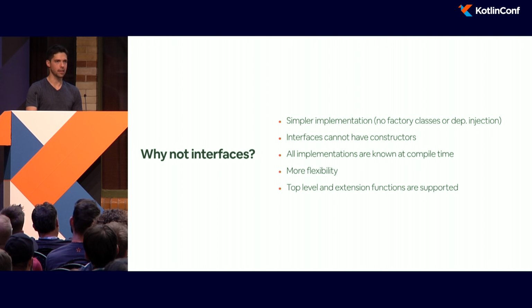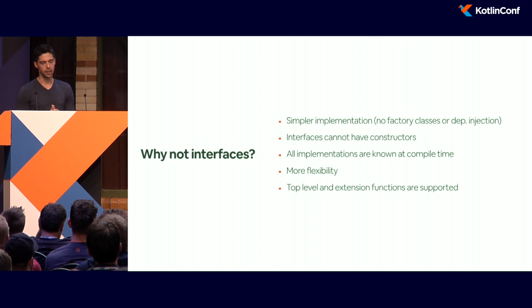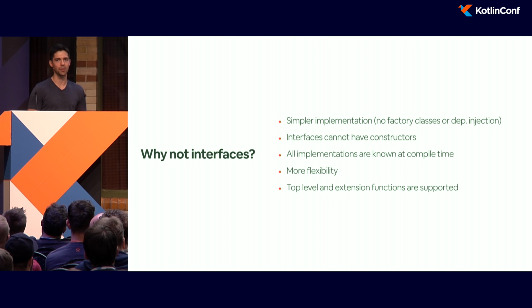So stepping back for a second, let's think about why you'd use it, and what's the advantage of using expect and actual, which is something you could get done with an interface, for example, right? Expect is more powerful in the sense that there's more you can do with it. You don't need any factory classes.